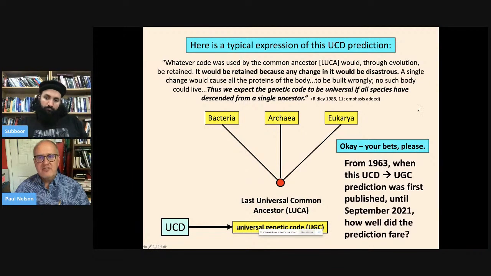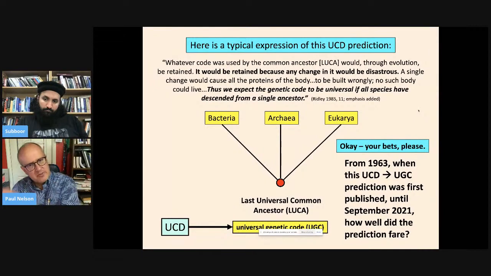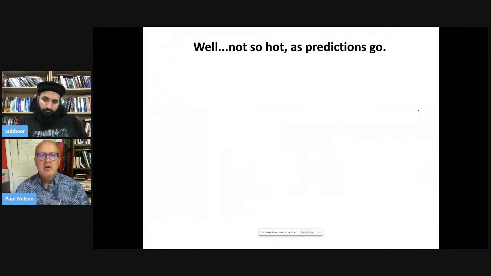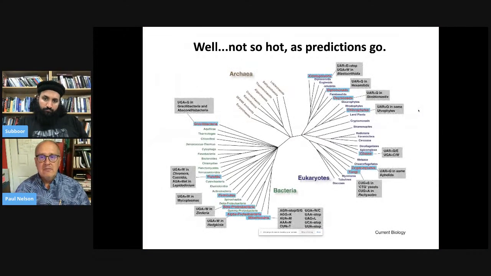Okay, place your bets. From 1963 until today, September 18, 2021, how did our prediction fare? Well, not very well.